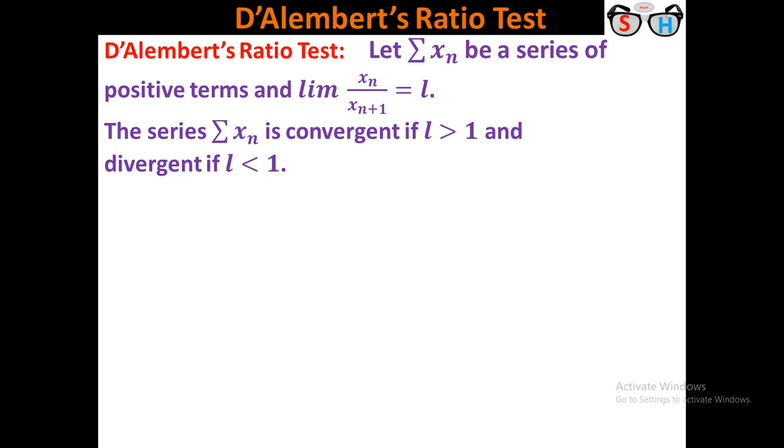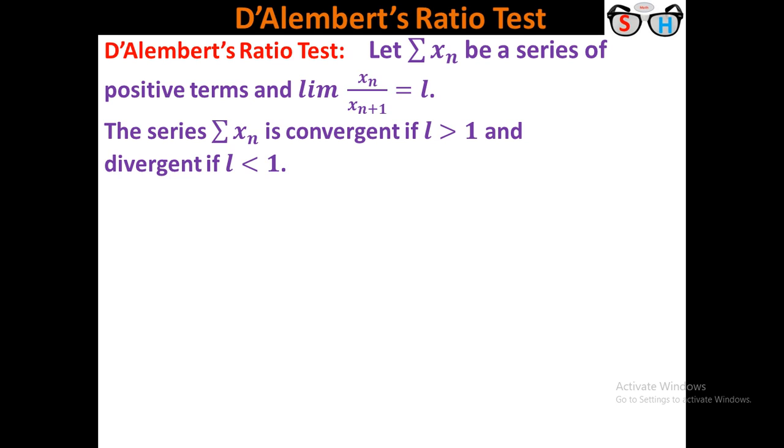That is, the next term is smaller than the previous term, that is, xn is greater than xn+1. When you approach towards the right side, that is xn and then xn+1, the terms on the right side must be smaller than the previous term. That is, xn must be greater than xn+1 for the convergence of the series.